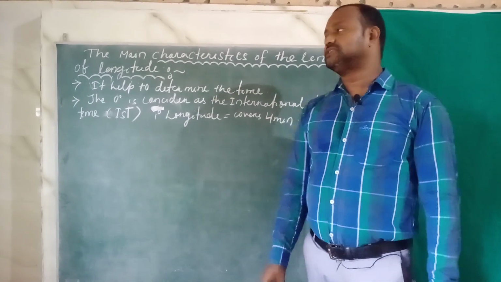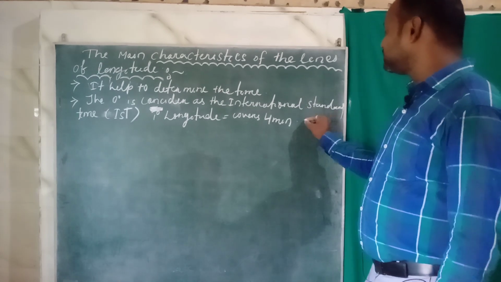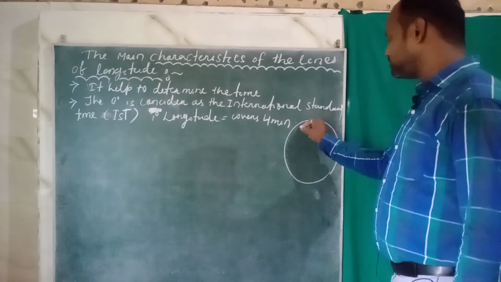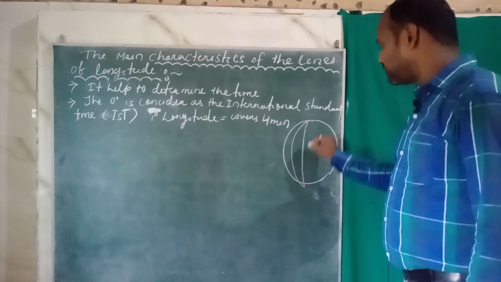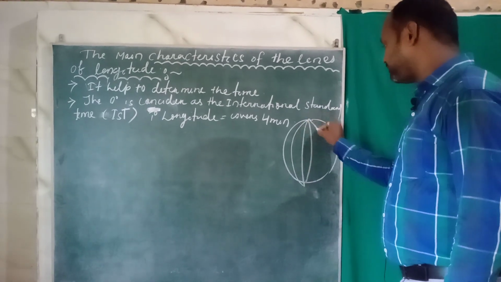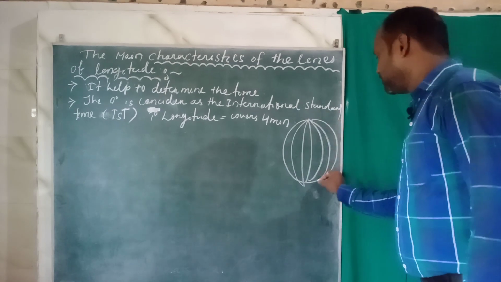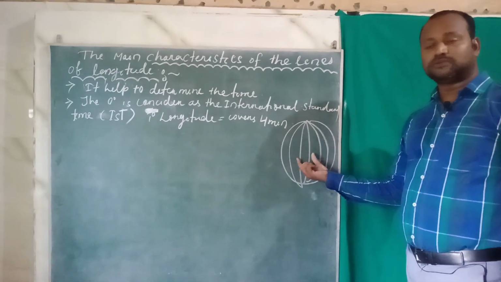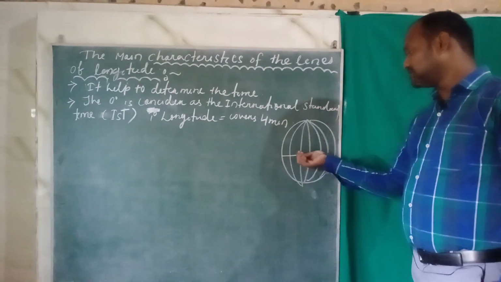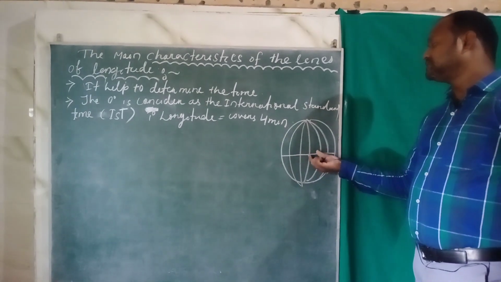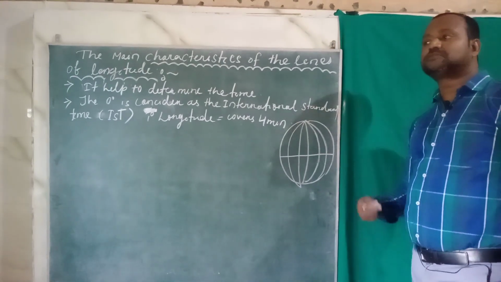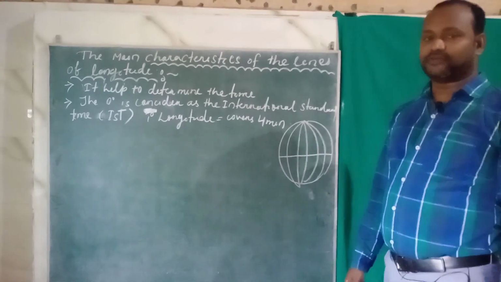Student, another thing is that while drawing the longitude, the distance between the longitudes does not remain the same. Does it remain the same? No. You can see the distance between the longitudes is more near the equator, yes or no? And the distance between the longitudes is less near the pole. It is just because of the spherical shape of the earth.